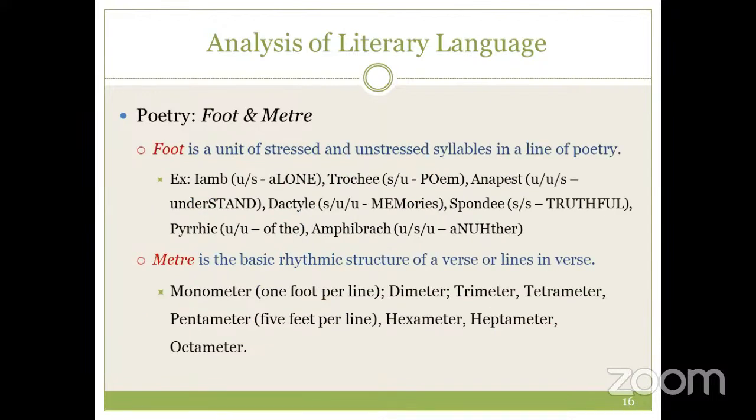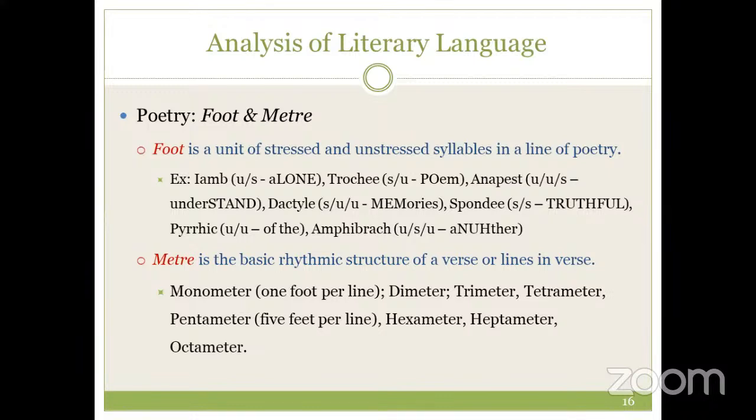And you have poetry. In poetry, you also have foot and meter. Foot is a unit of stressed and unstressed syllables in a line of poetry. Now, foot is a technical term used in poetry.